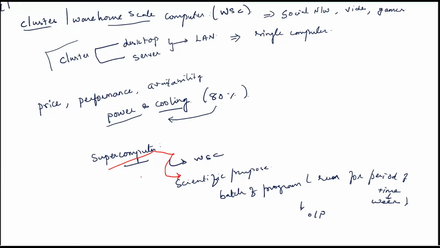So this is the fourth type, and moving on to the fifth type, embedded computers. Yesterday we discussed this. What is embedded? Specific applications.